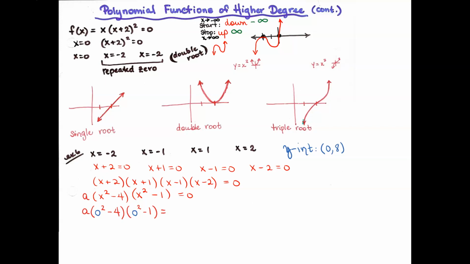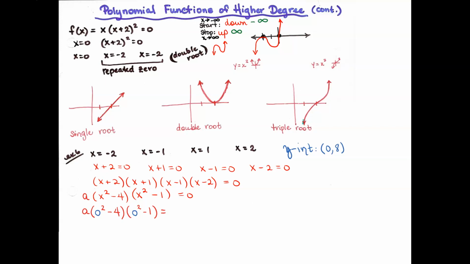So if they say create an equation that has solutions of negative 2, negative 1, 1, and 2, then basically any of these would work because you could have any a value out in front and you would still get those solutions.